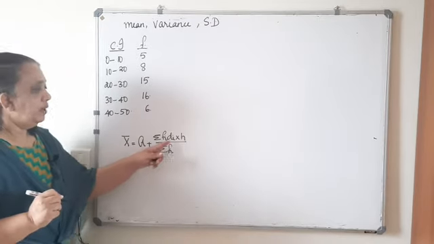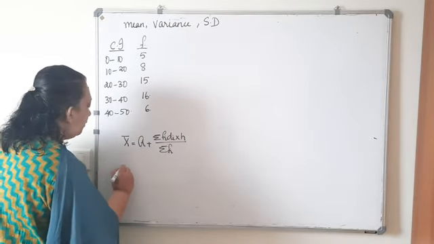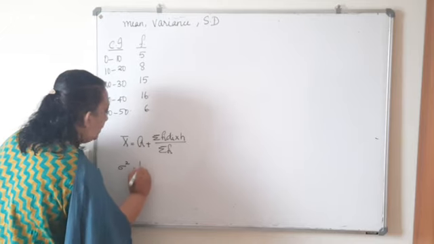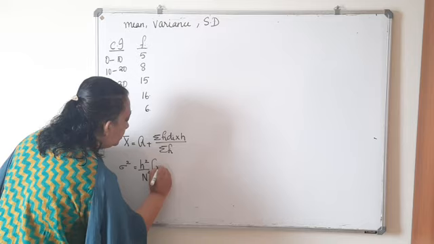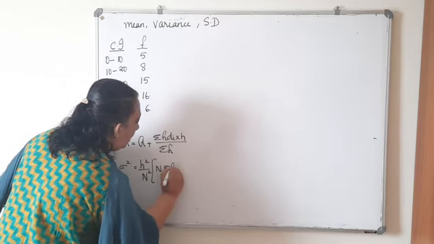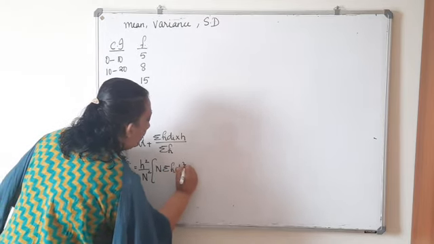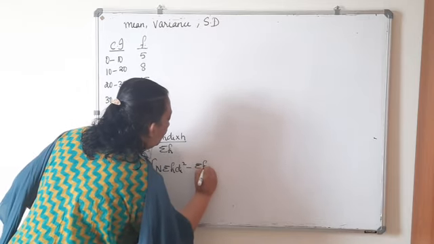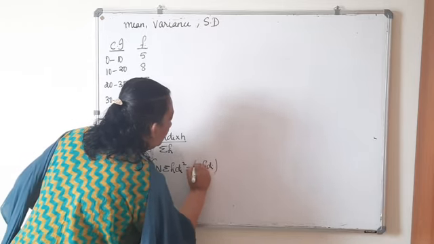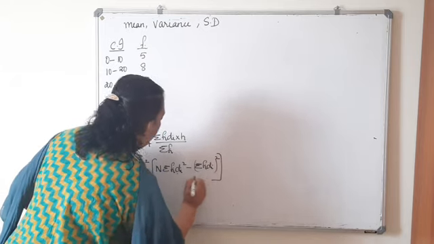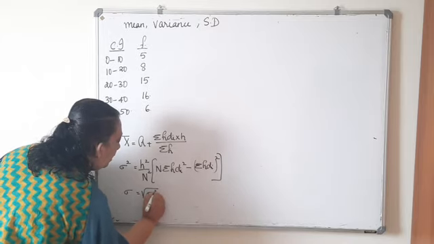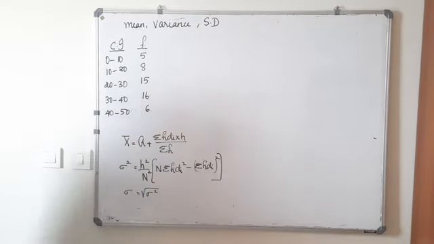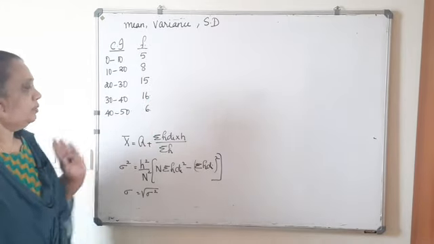Since I am finding di over here, I will use the formula for variance as h squared by n squared into n into sigma fi di squared minus sigma fi di the whole squared. And of course you know standard deviation is equal to square root of the variance. So first you have to write the formula, only then you can construct the columns you require.